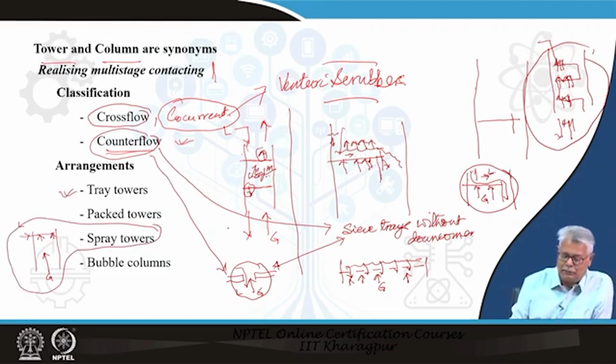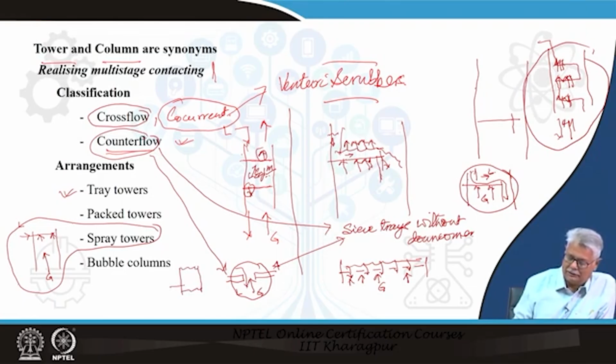Exactly in the same way, we could also have a bubble column. That means, I have a tower filled with liquid, I have a distributor for my vapor or gas, and the bubbles go up, and I bring in liquid and my liquid goes out.